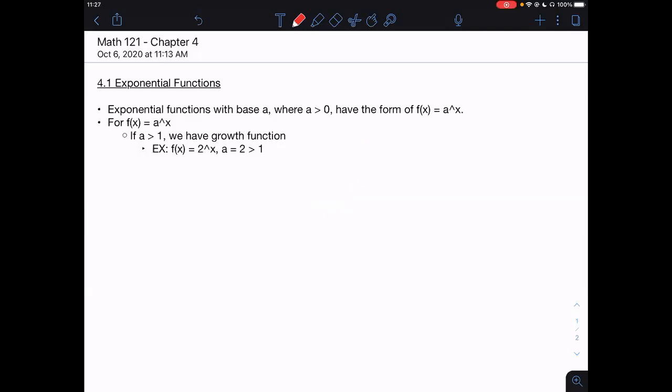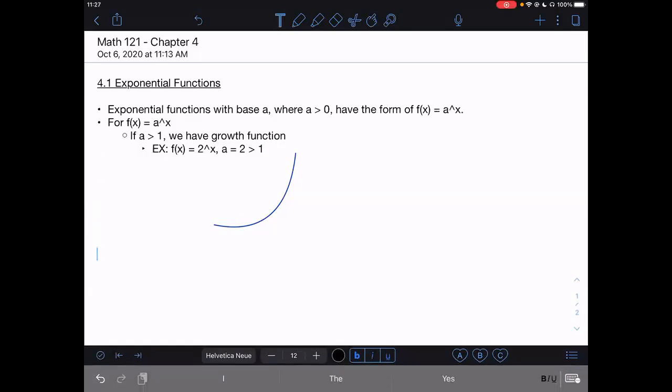Let me do a quick little drawing of what that would be. So growth function means that we have an upwards curve, meaning our function exponentially grows as the value of x gets bigger along the x-axis.